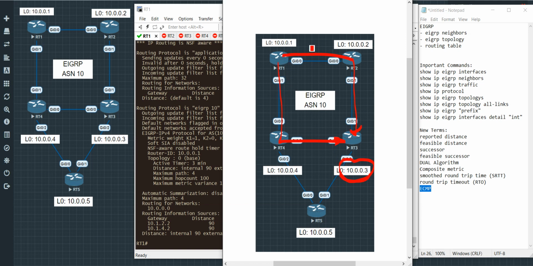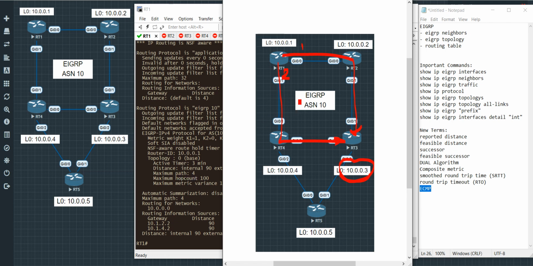So this cost here and this cost, if the cost is the same, so if this is gigabit, gigabit, and gigabit and gigabit, it's basically the exact same distance. It will insert this route and will also insert this second route into its routing table, and so now it will insert both routes. So by default, it can insert up to 4.